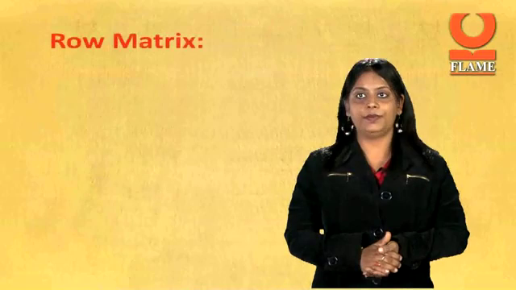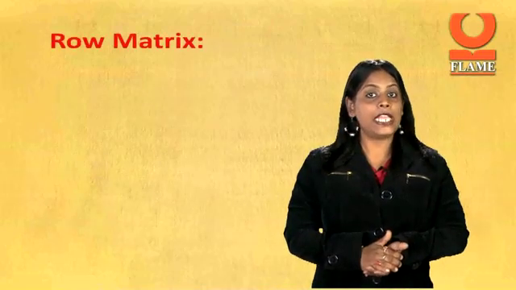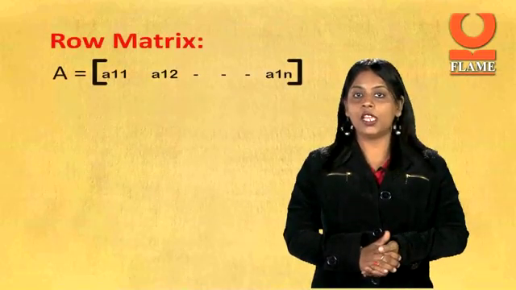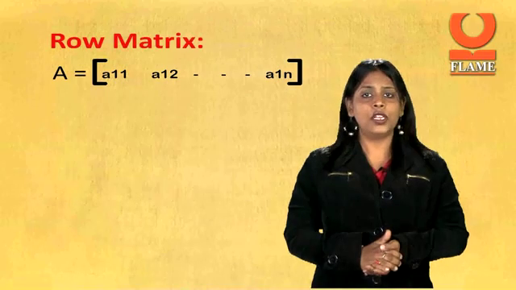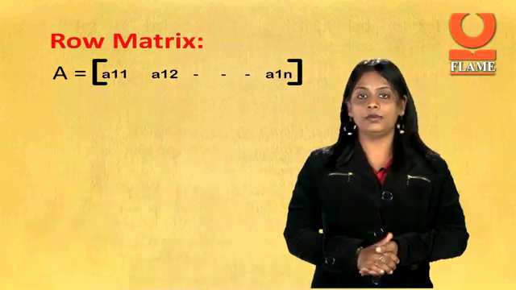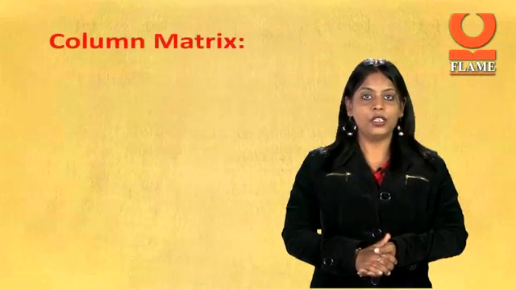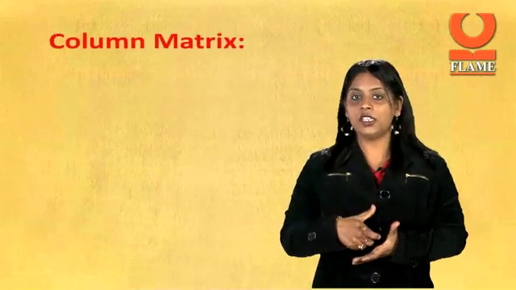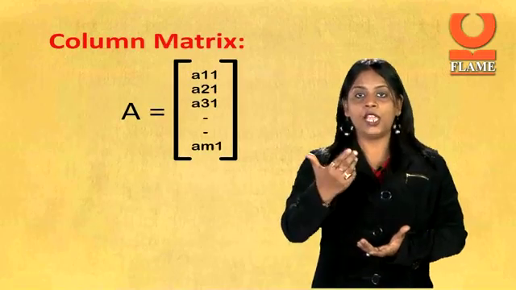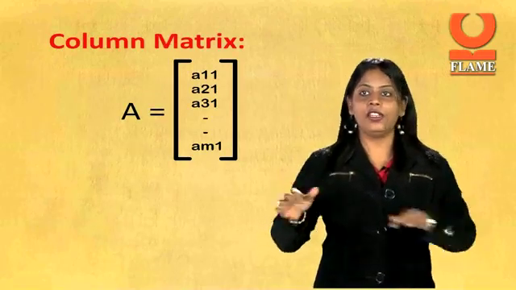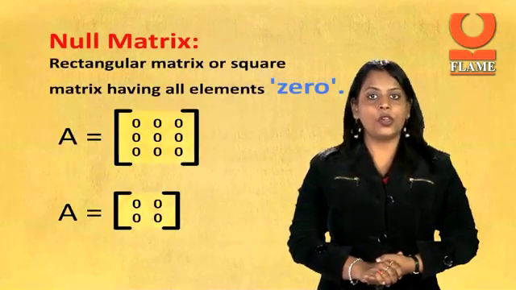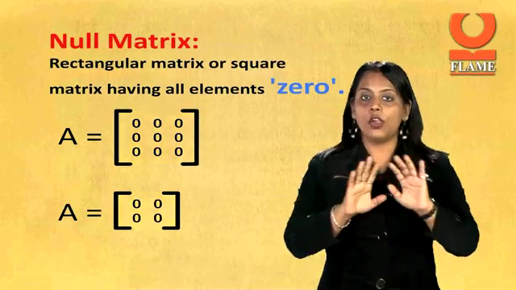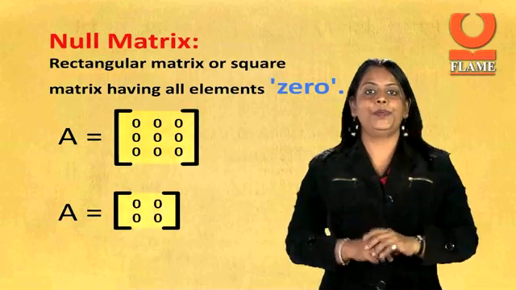First, row matrix, that is A equal to [A11, A12, up to A1n]. Second, column matrix, which is represented in a column, that is A11, A21, A31 until Am1. Third, null matrix. This is a rectangular matrix or a square matrix having all elements 0.